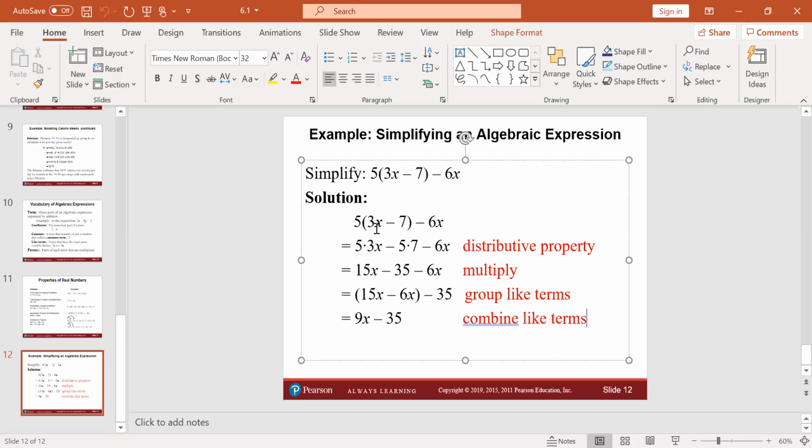In other words, do the actual combining. 15x minus 6x will give you 9x. You have 35. It's not a like term with anything because there are no other constants on the board. So that just becomes 9x minus 35. We're going to need to do a lot of these kinds of things whenever we're solving equations. We're going to be running into that like no one's business.